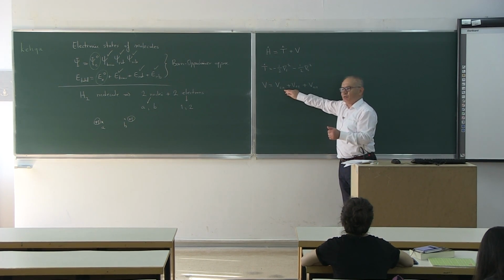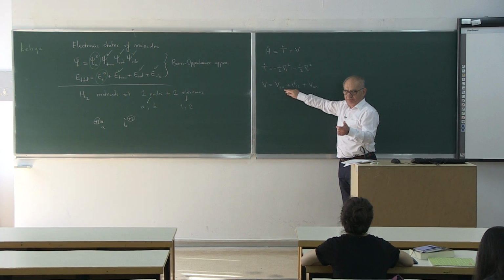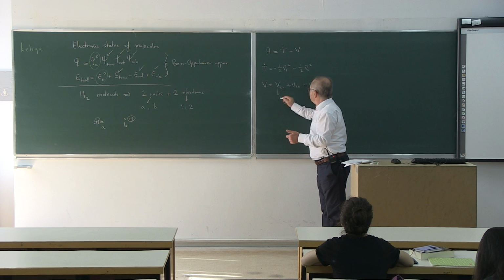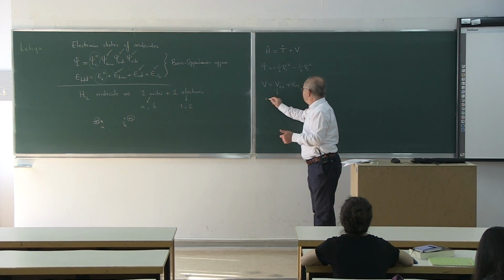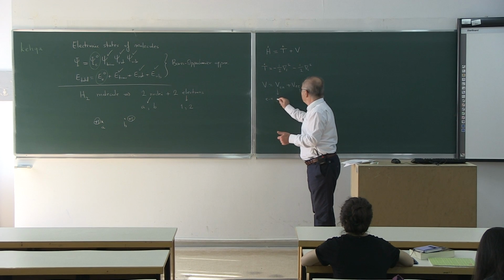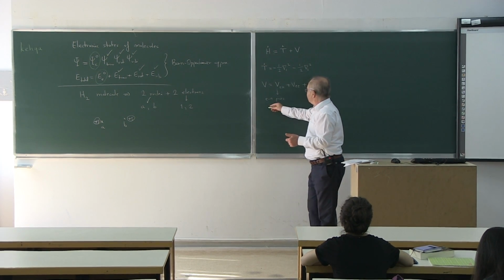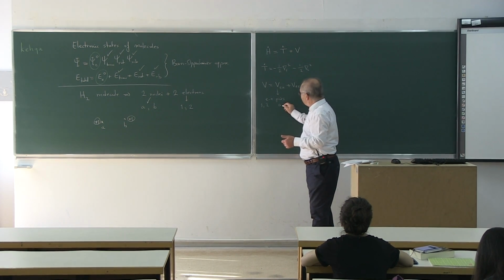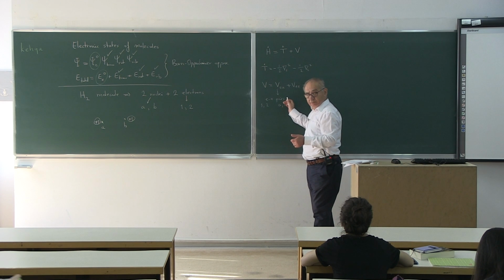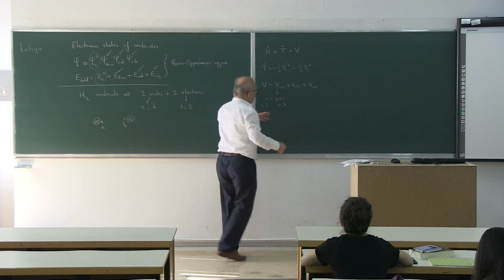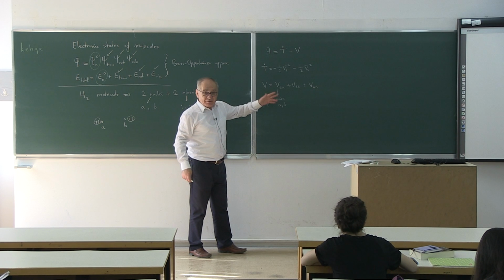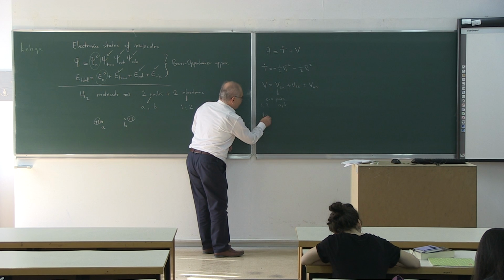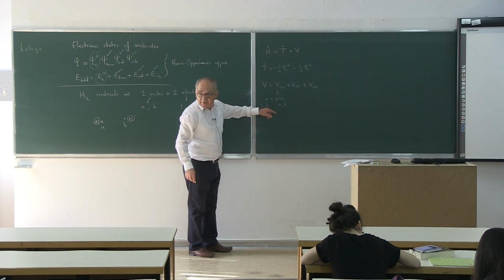This one is electron-nucleus pairs. Electrons are numbered by 1 and 2. Nuclei are labeled by A and B. So, how many distinct electron-nucleus pairs? Electron 1 with nucleus A, that's one pair.